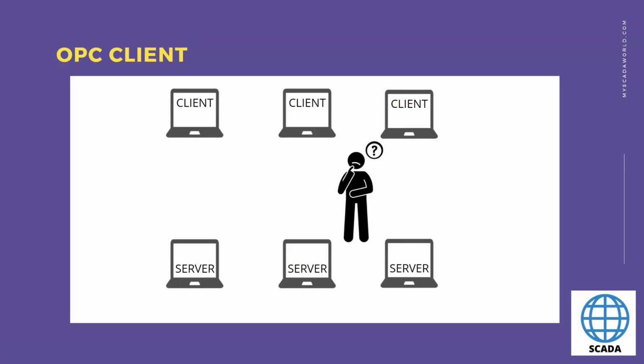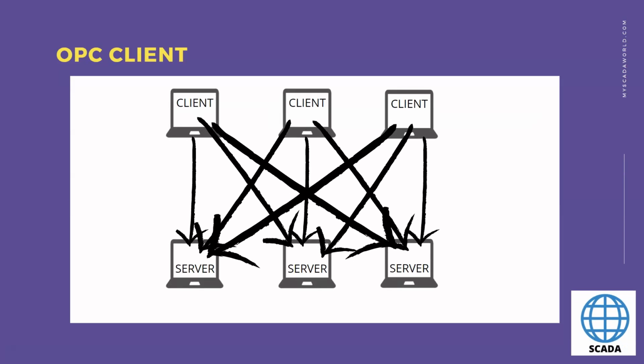We have one problem now. We have 3 clients and 3 servers. How can these clients read data from these servers? It's very easy, because OPC UA is standardized and we can use connections like this.